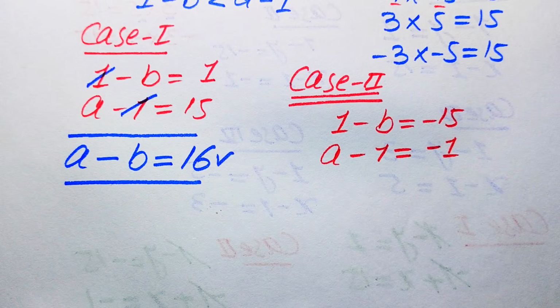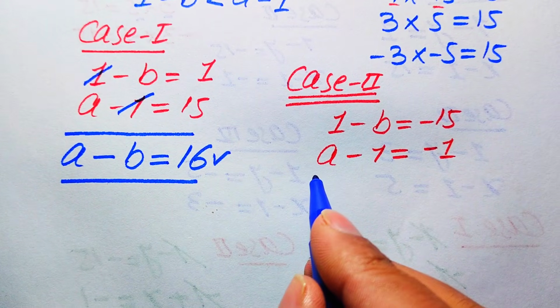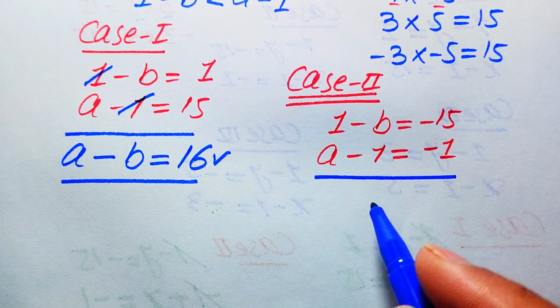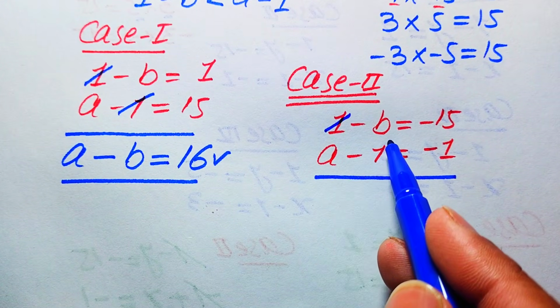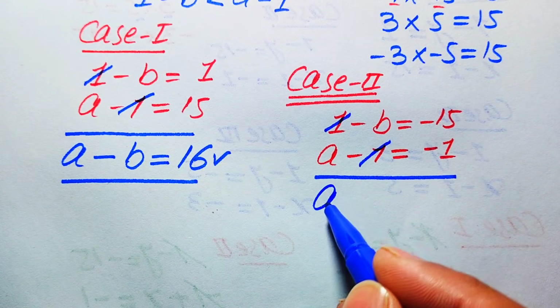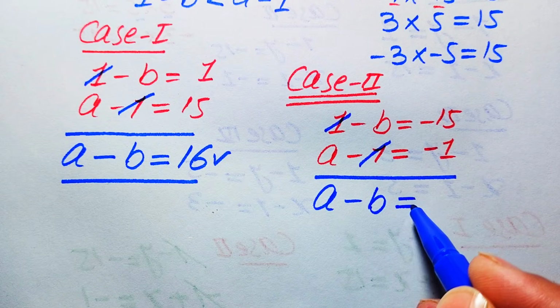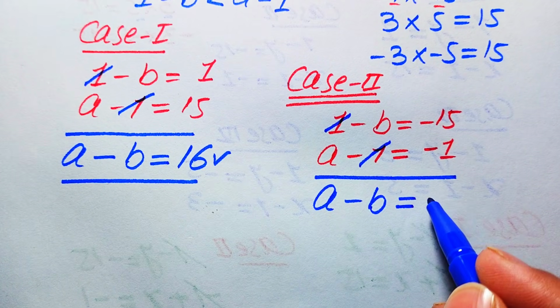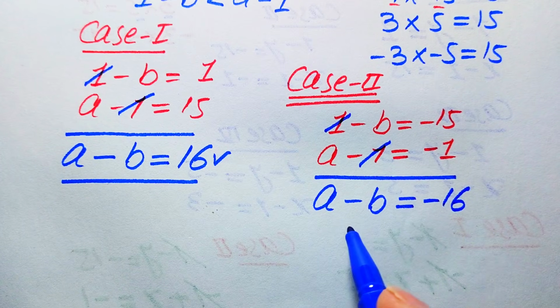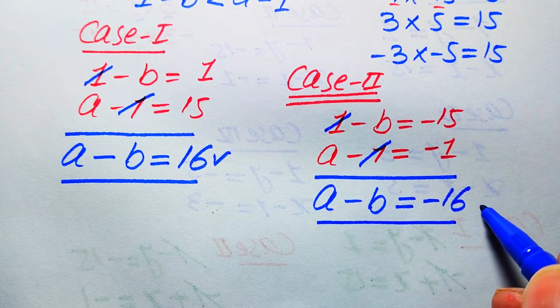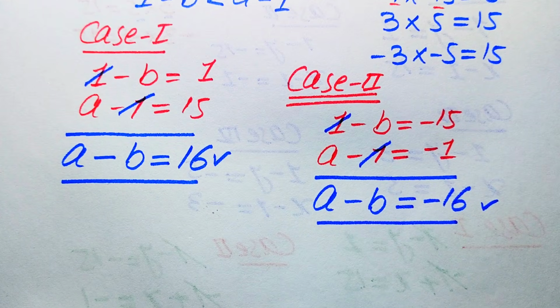And now in the next step we again sum up both of these two equations. This positive 1 and negative 1 are gone, and we obtain a minus b is equal to minus 15 minus 1, which is minus 16. So this is the second value of a minus b, which we get from the second case.